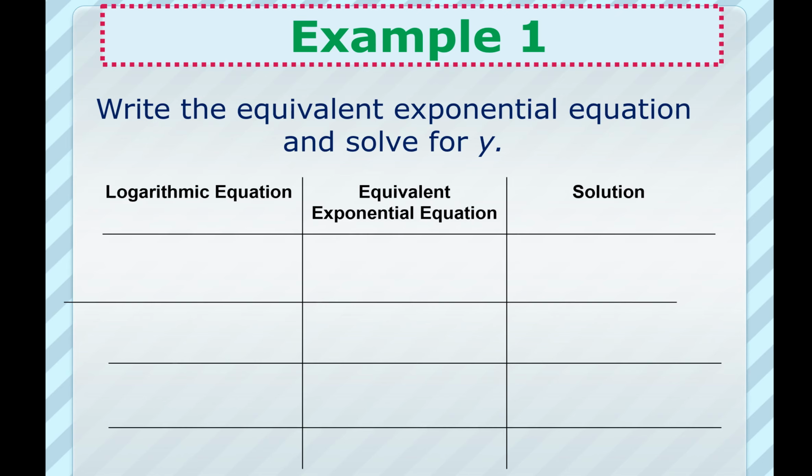Initially, you're not going to be as comfortable with a log equation. So when I see log base 2 of 16 equals y, notice it's base 2, not base 10. What I'm thinking is 2 to what power is 16? That's really what I'm trying to find. So an equivalent exponential function, if I take my little magic loop, is 2 to the y equals 16.